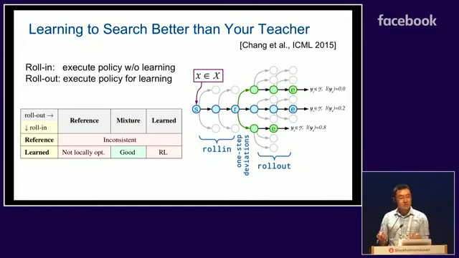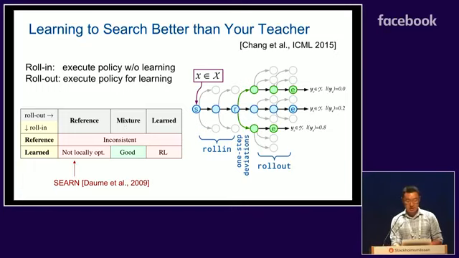If the expert that's providing us labels or trajectories in the search space is not optimal, then you actually want the roll-in to be from your learned policy, and your roll-out to be from a mixture between your learned policy and the expert policy. Now, SEARN, which is one of the methods we discussed in the first half, is in the bottom left corner, and it is not optimal if the reference or the expert is not optimal. So this is a generalization of SEARN in some sense, that can learn to do better than the expert.